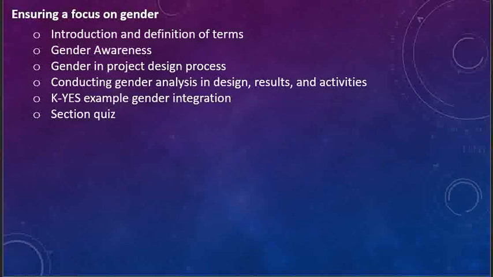We are going to look at gender in the project design, like gender analysis in design, gender analysis in results, and gender analysis in activities of our project. Then we are going to look at examples of gender integration with our project, the Kenya Youth Employment and Skills Program, and then we are going to have a section quiz.